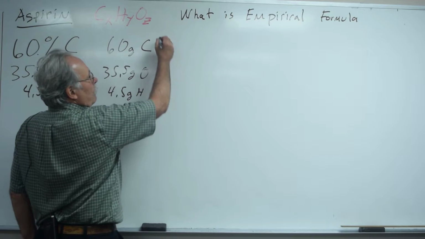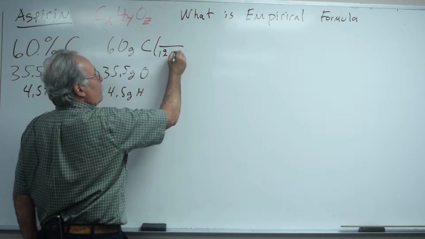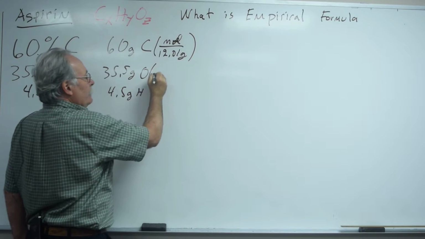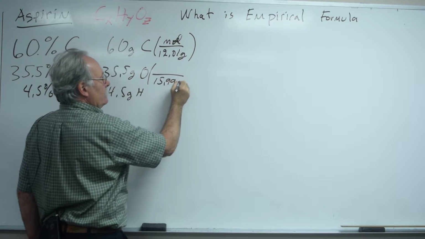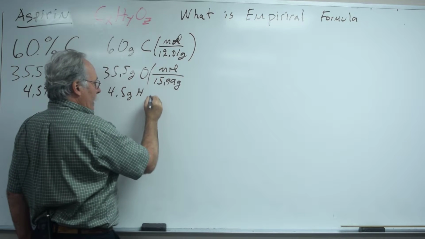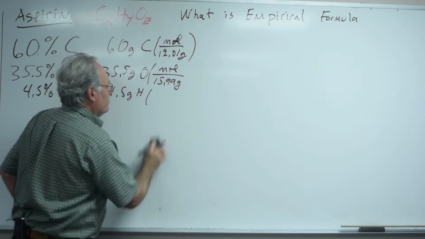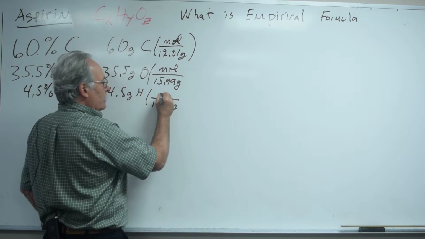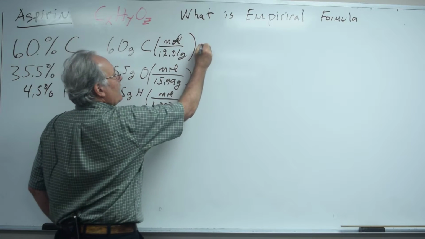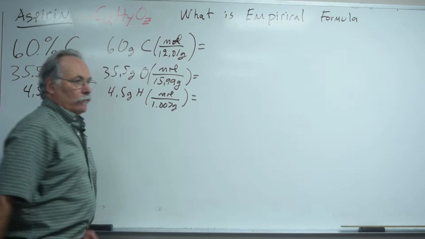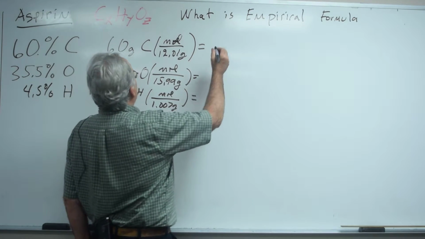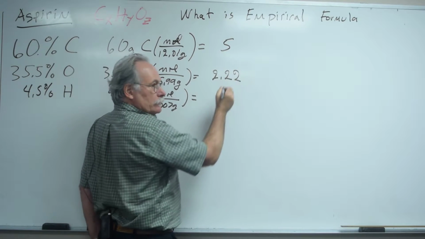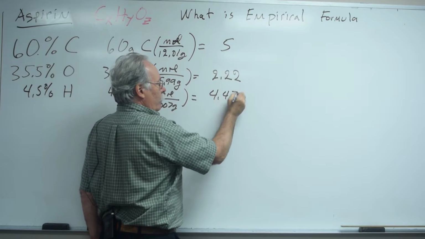I divide by the molar masses, 12.01 grams per mole, 15.99 grams per mole, and 1.007 grams per mole. I now come up with the number of moles of each: 5 here, 2.22 here, and 4.47 here.